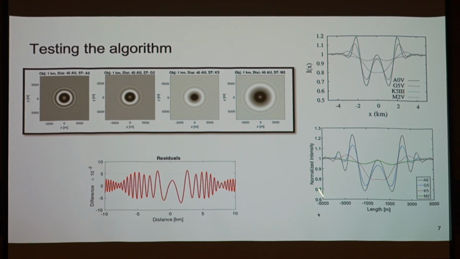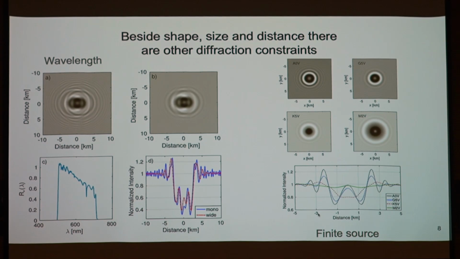If you give more points to define these diffraction patterns, we will increase the residuals. But anyway, basically it works. And what you can see here is the difference between the effect of the finite source, due basically to the size of the star over the object when the occultation is happening. I will explain that a little bit more in two seconds.